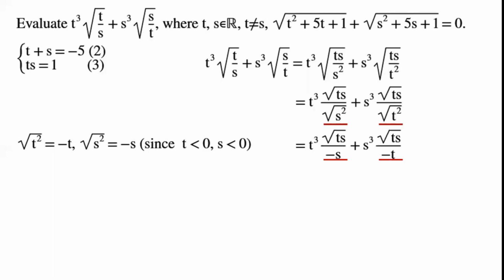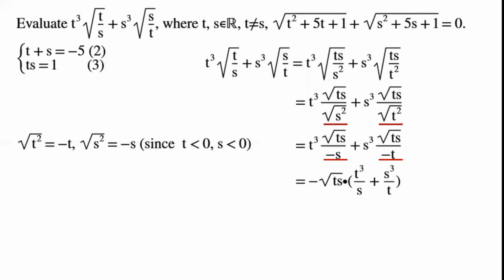We can now write equals t cubed times root of ts over minus s plus s cubed times root of ts over minus t.